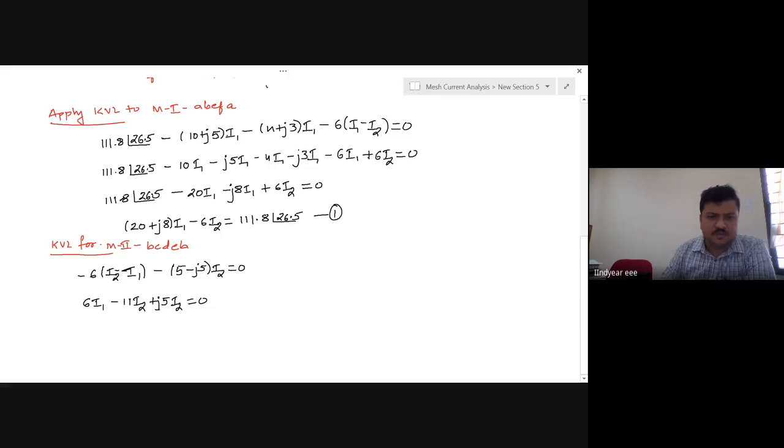Or if you want to put it in the standard form, like we wrote from the inspection method in the previous class, minus 6I1 plus (11 minus J5) I2 equals 0. This is equation 2. Now I have to solve equation 1 and equation 2.